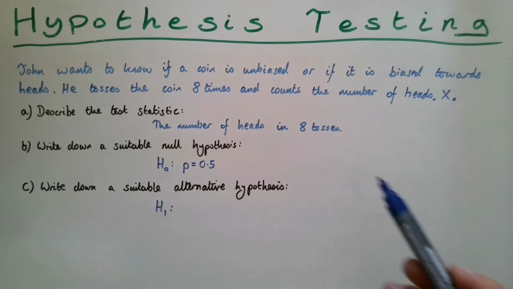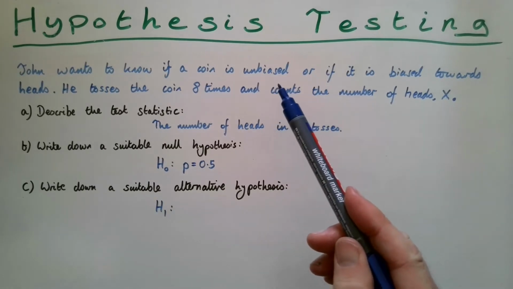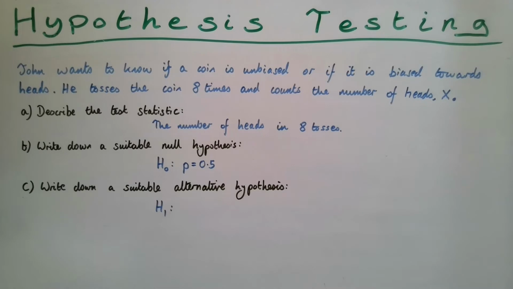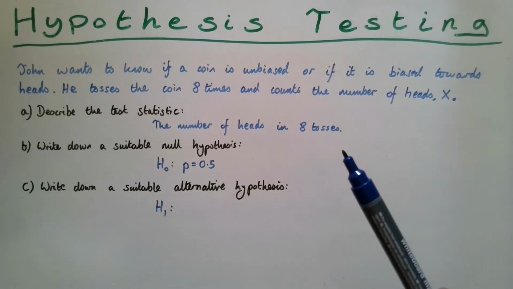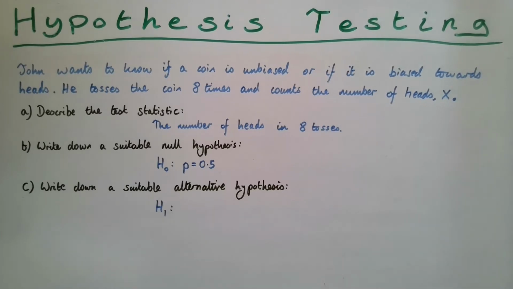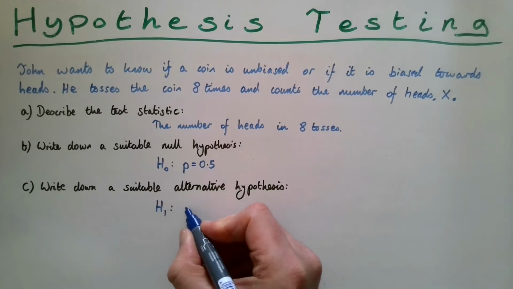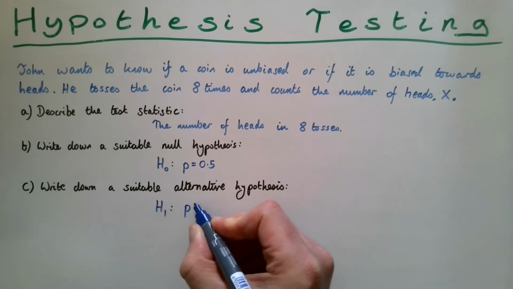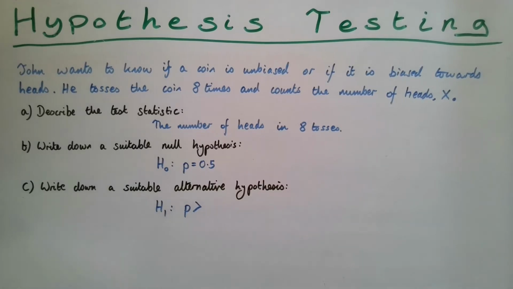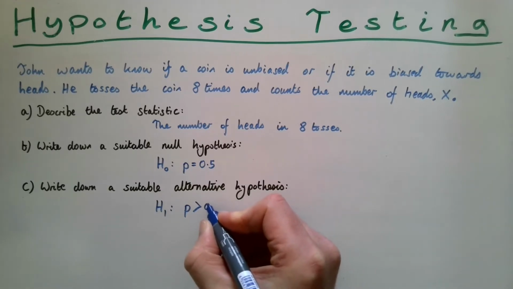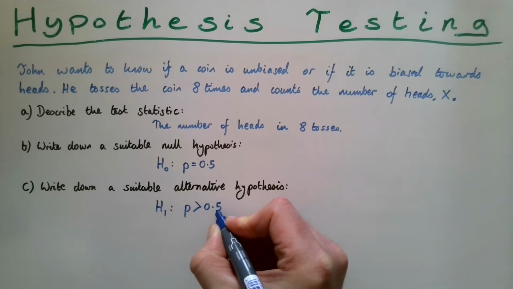Now, if we look on here, it was saying that John reckons this coin, maybe he's already flipped it a few times before, he reckons it's either unbiased or it might be biased towards heads. For some reason, he doesn't think it's possible that it's biased towards tails. So we're talking about that probability. Now, if it's biased towards heads, that probability, that test statistic, the number of times, is going to be working on a probability of better than a half. So the probability is going to be larger than 0.5.